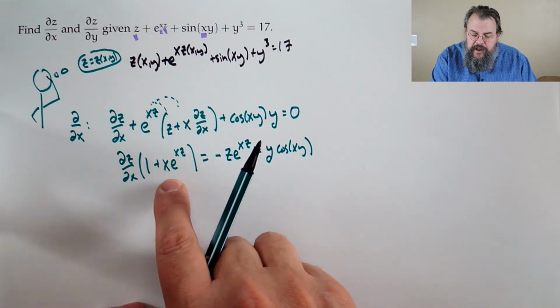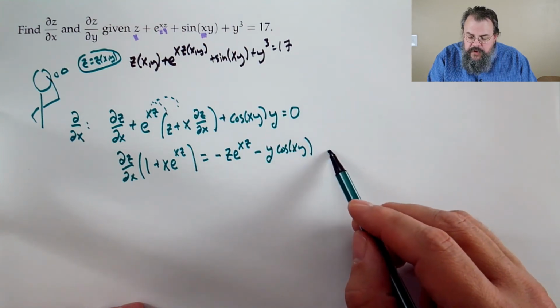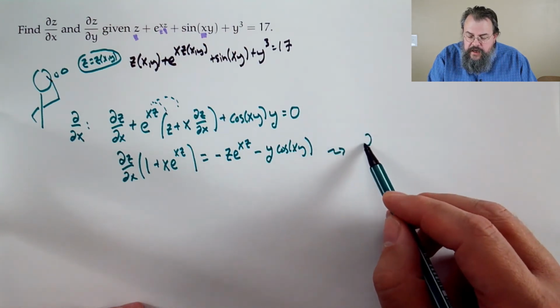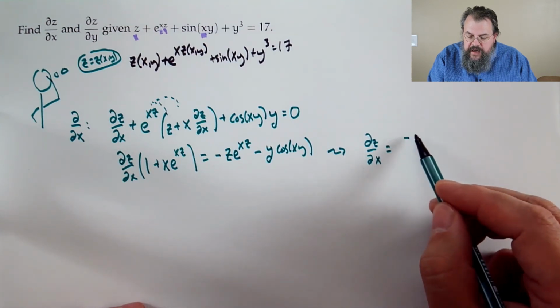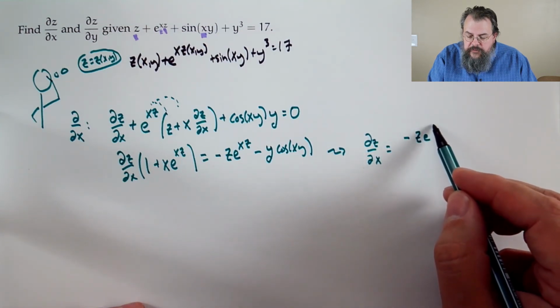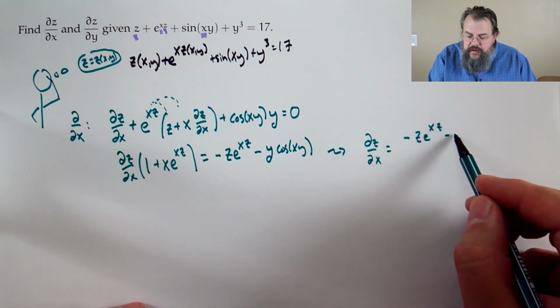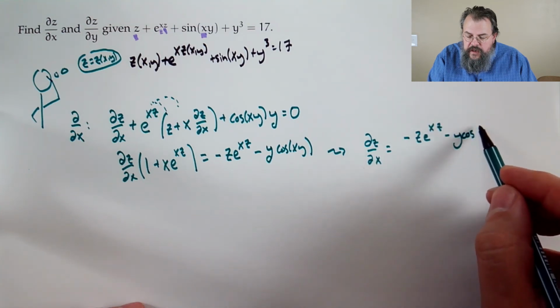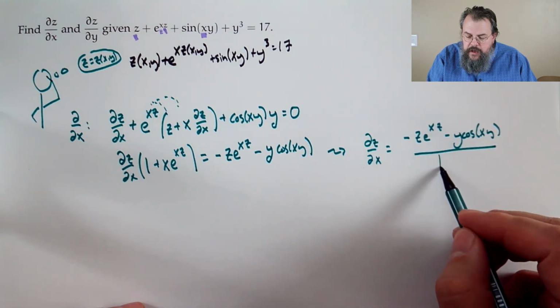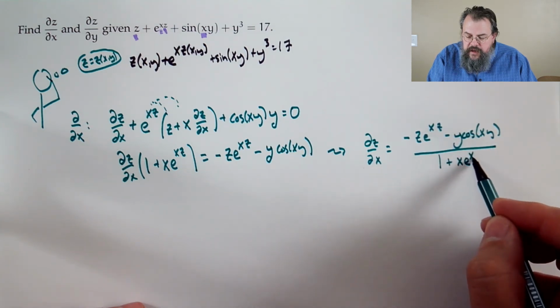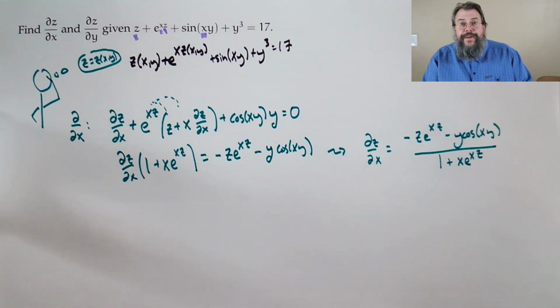So we're going to divide here, and we come to the conclusion that, aha, partial z partial x is minus z e to the xz minus y cosine of xy divided by 1 plus x e to the xz. Good. Halfway.